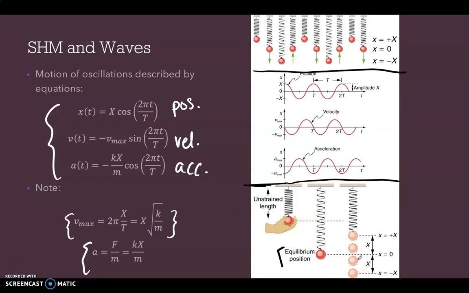Through this oscillation you can see the maximum amplitudes, as positive x, and then it goes down to negative x. This is my amplitude, and this is what we are trying to describe in these equations here.